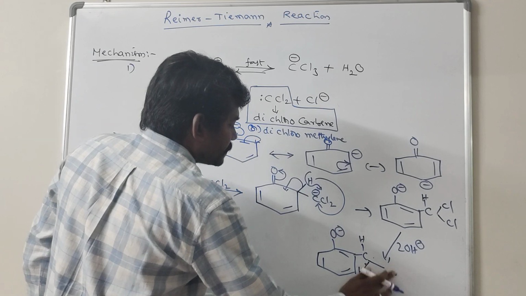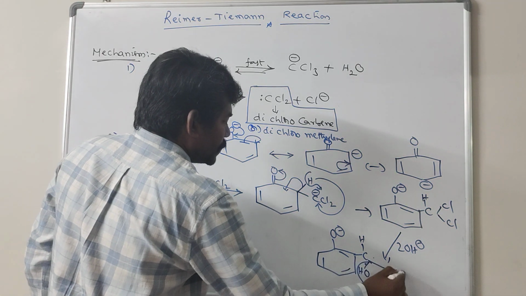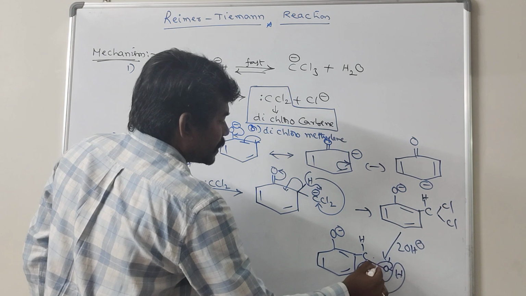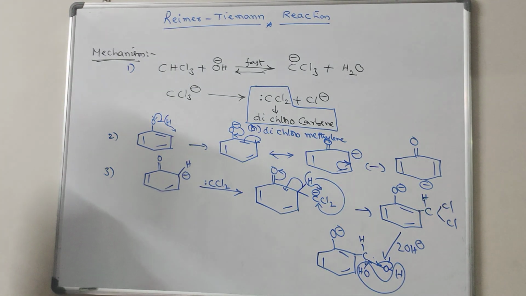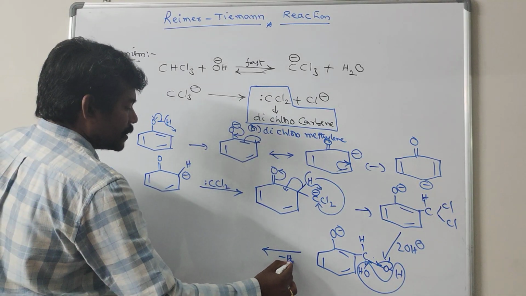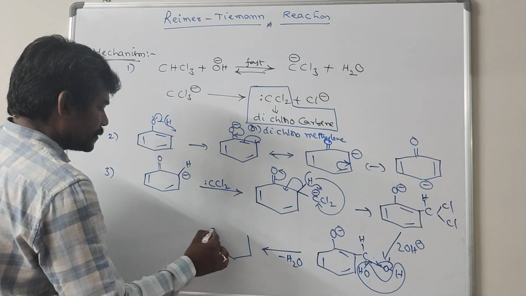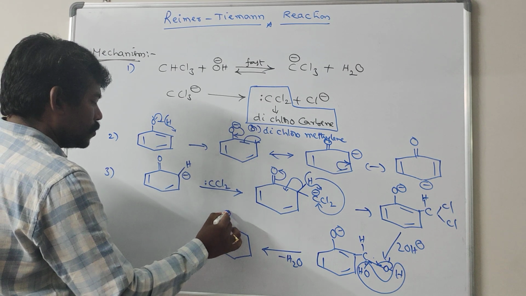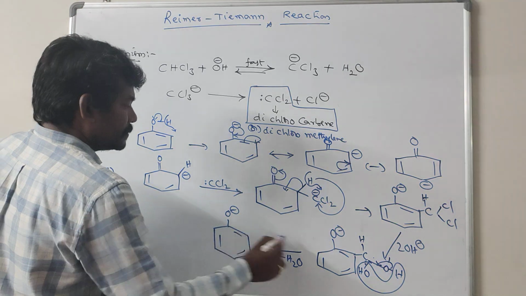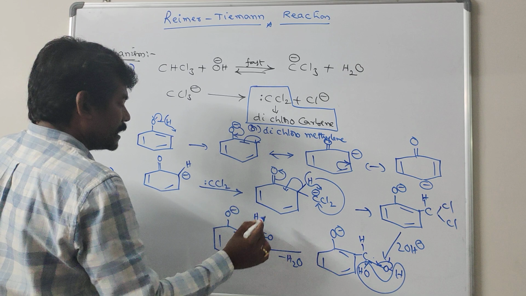Here removal of a water molecule takes place: the bond between oxygen and hydrogen shifts between carbon and oxygen, minus H2O. We get O minus and CH double bond O, the aldehyde.